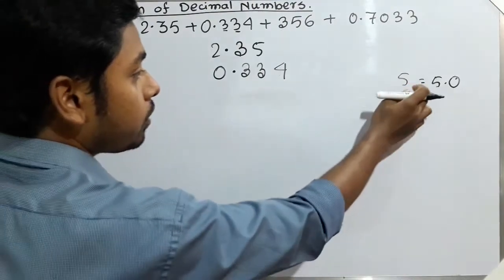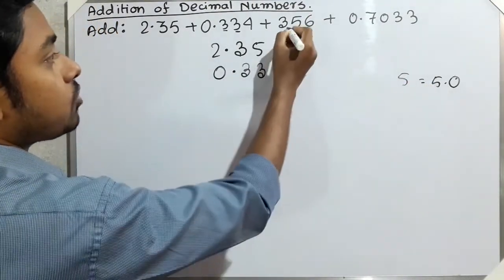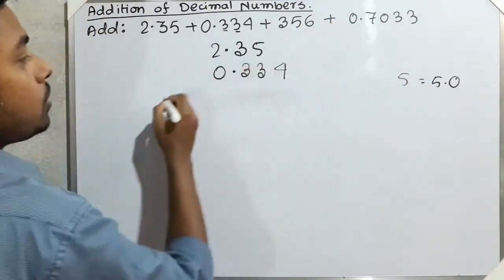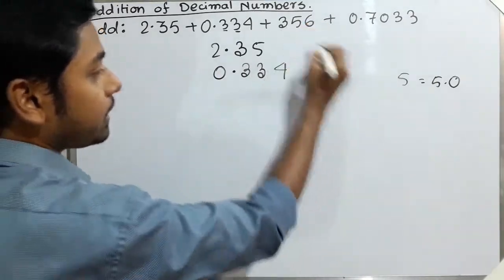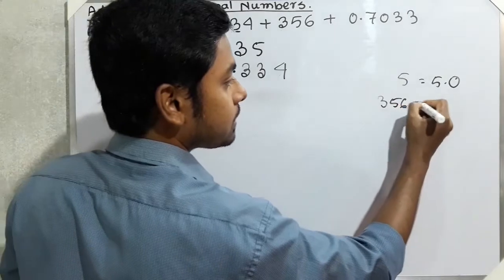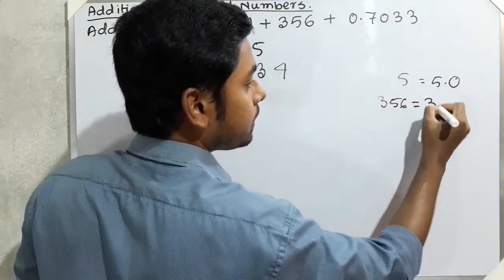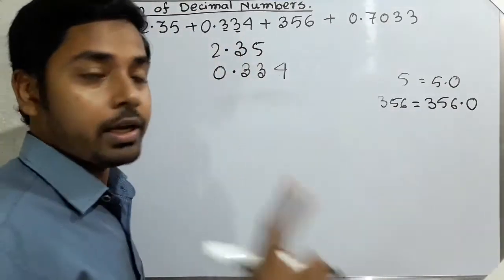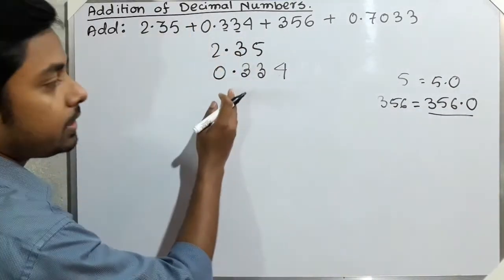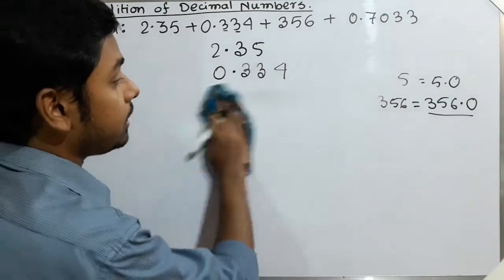I already told you about this. So 356 is equal to 356.0, and now we have to write this here.